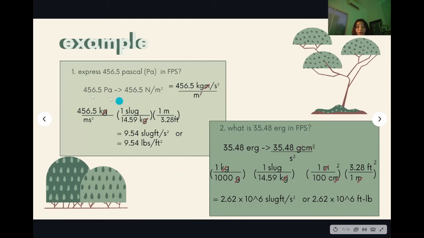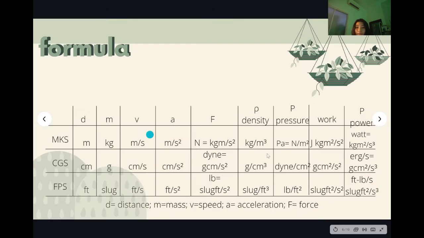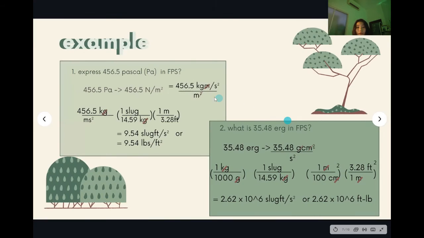So we write it as 456.5 N over m squared. m squared is the distance and N is the force. N equals kg m over s squared. So we write it as 456.5 kg m over s squared over m squared.